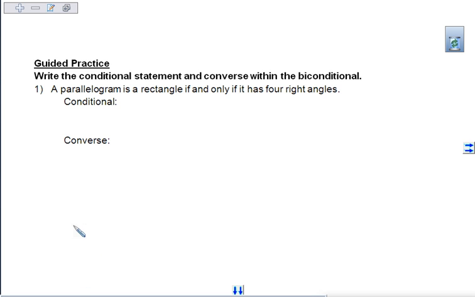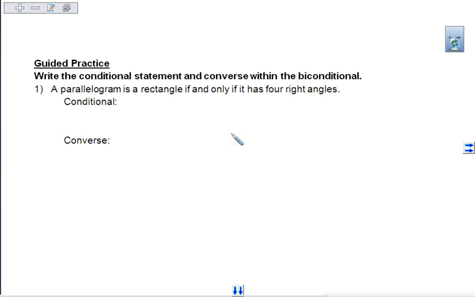Now we're going to do the guided practice for biconditional statements. Our first problem, we want to write the conditional statement and the converse within the biconditional. So we have our biconditional. A parallelogram is a rectangle if and only if it has 4 right angles.